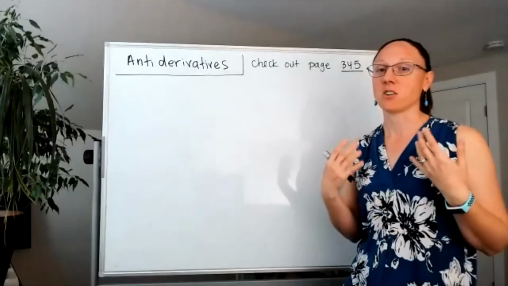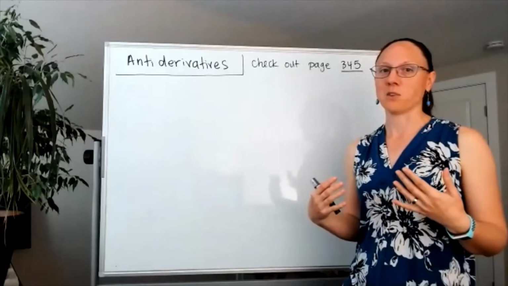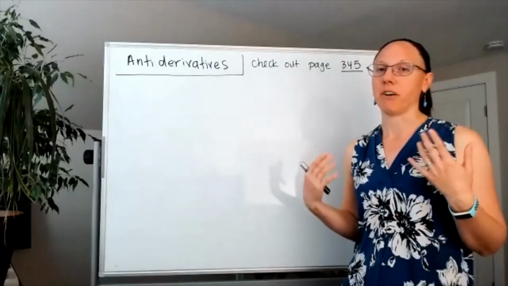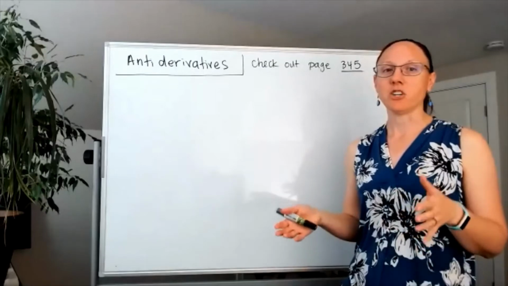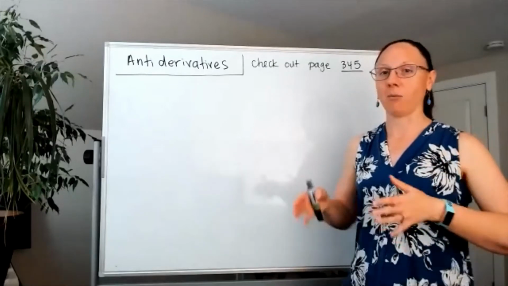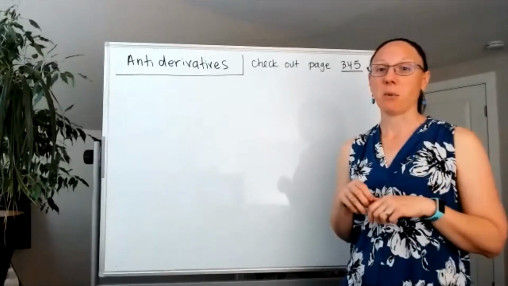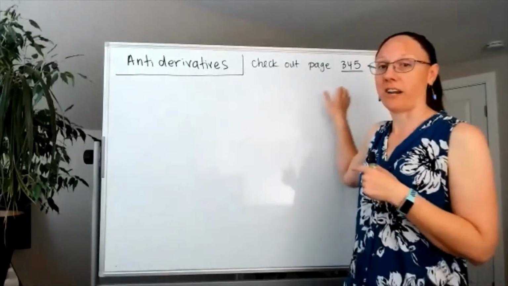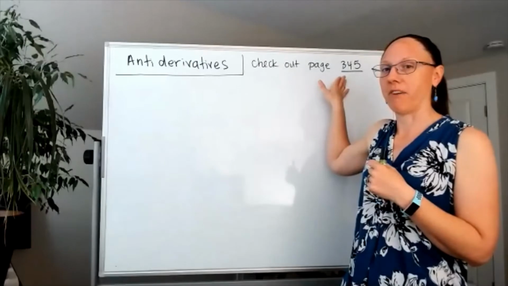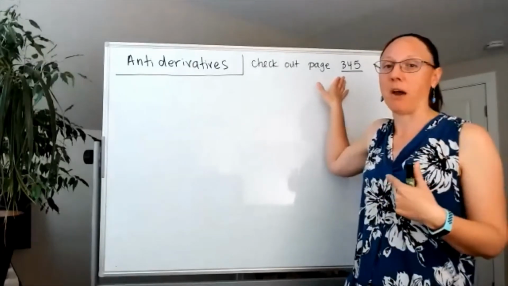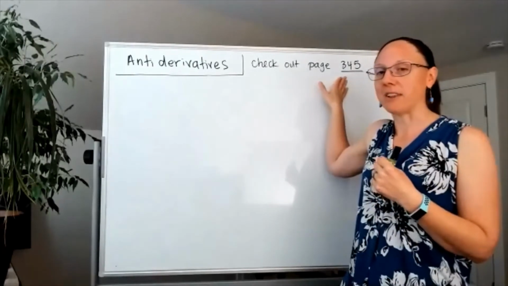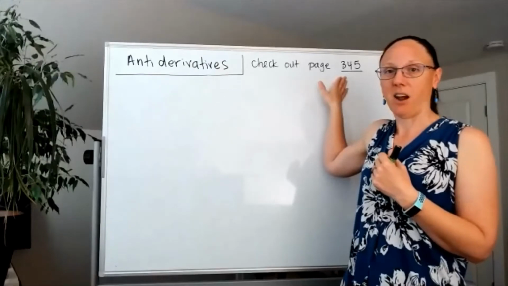So this is just our starting point. So if it feels unfamiliar, if it feels uncomfortable, just know that we will have more time to be practicing these antiderivatives, but some of the basic rules that are in this table on 345, it's really going to help you out in the long run if you get these memorized quickly.